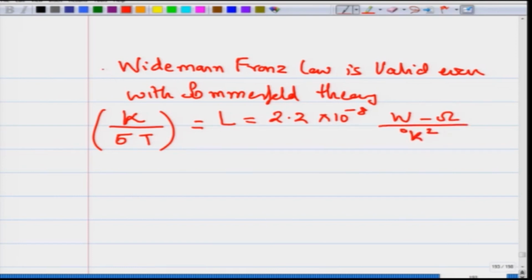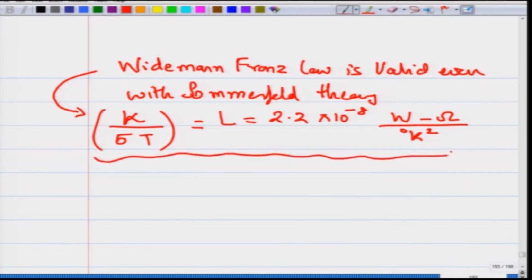This is nothing else but your Wiedemann-Franz law. So, even within Sommerfeld's theory, the Wiedemann-Franz law is valid.